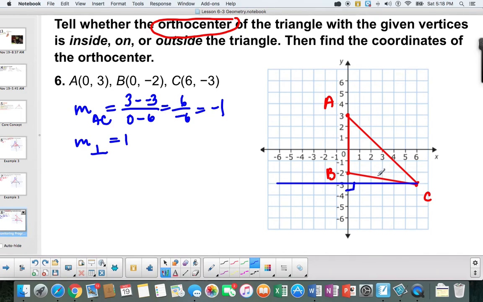Okay, and now I want to find one more, so I'm going to want to find an altitude from here to this side. Now I can see this slope is -1, that's what I figured out already. So I know from B to this line I want a slope of +1. So up 1 over 1, up 1 over 1, up 1 over 1, and then I want to go ahead and draw my line.